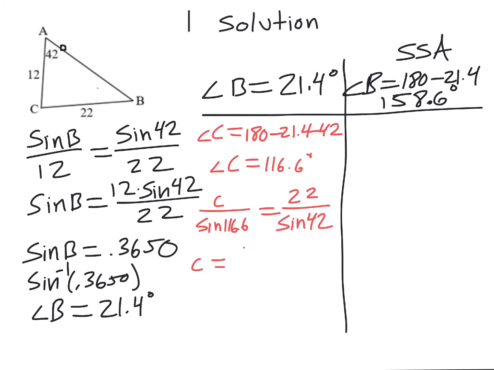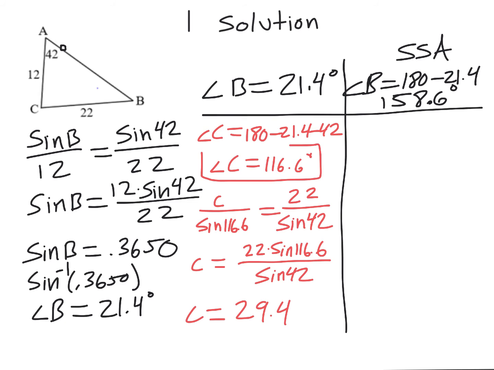And then C is 22. Sine of 116.6 over the sine of 42. Which comes out to be 29.4. Okay, so after I figured out that B was 21.4, I had to go get angle C and side C. Okay, I had to go back and get those two, which is right here and right here. This is if B is 21.4, okay?